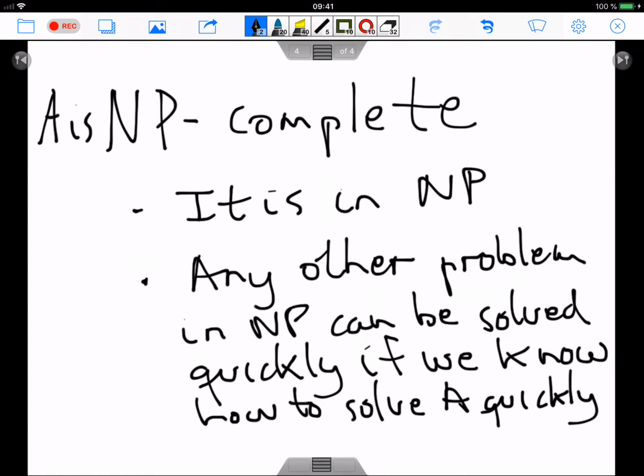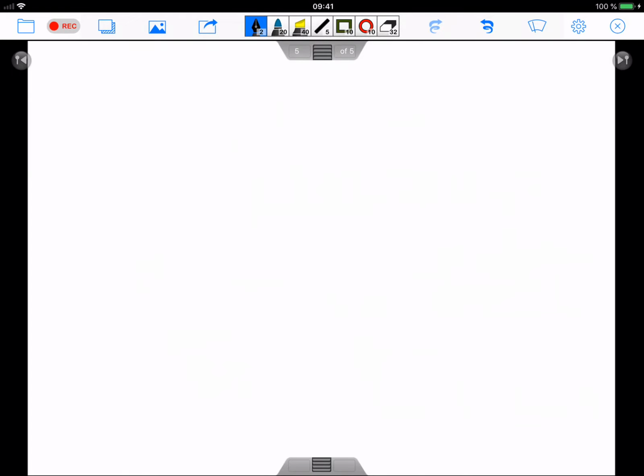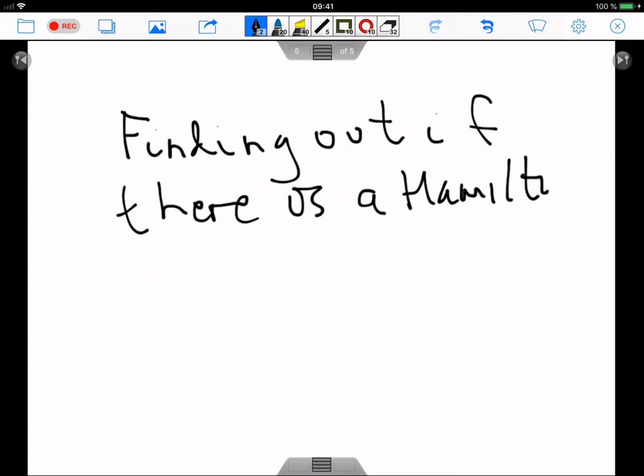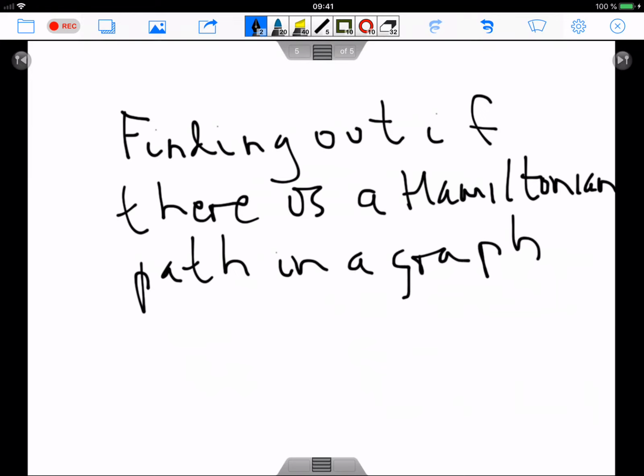And it happens that there are many natural and important problems that are NP complete. They are difficult, but they are natural. They appear in many different situations. And in fact, finding out if there is a Hamiltonian path in a graph is NP complete.